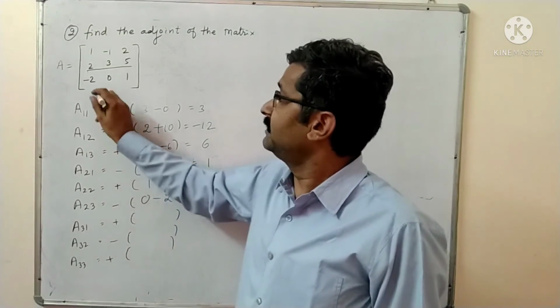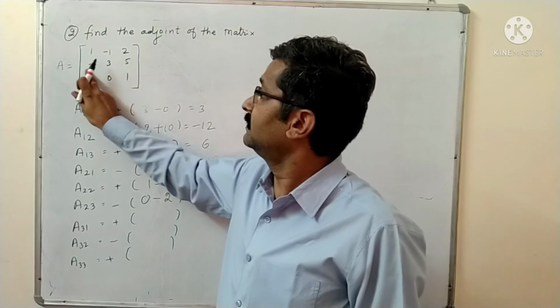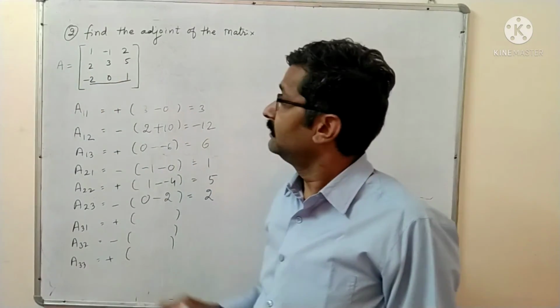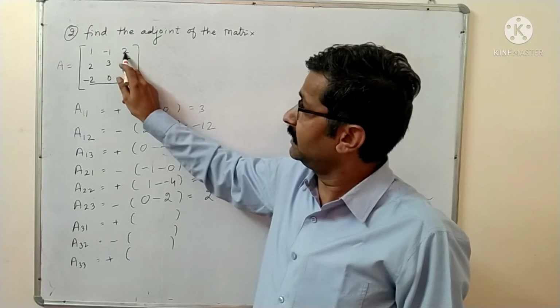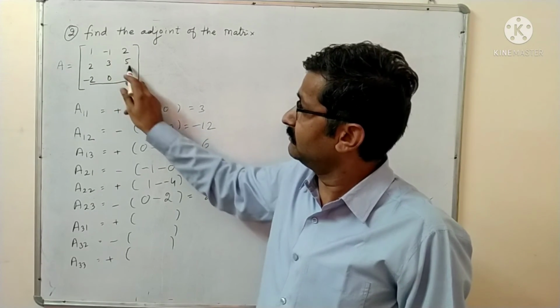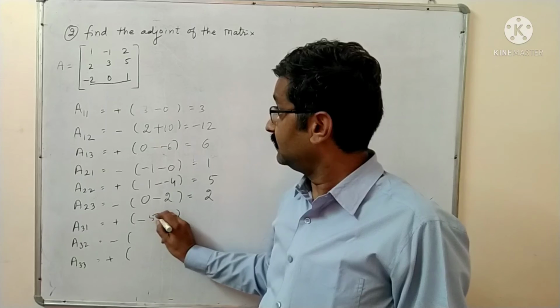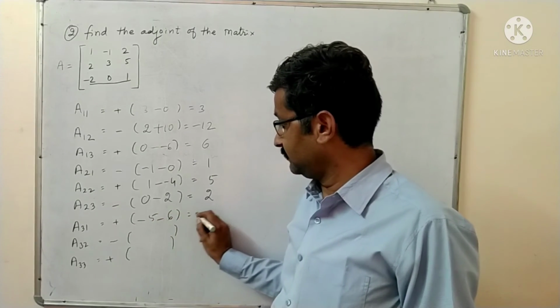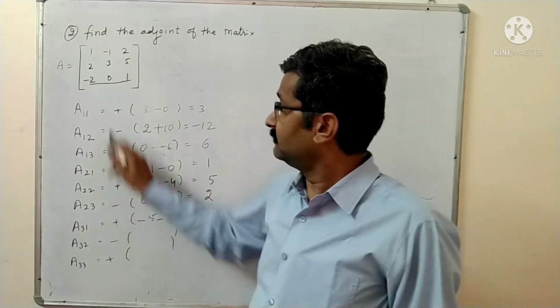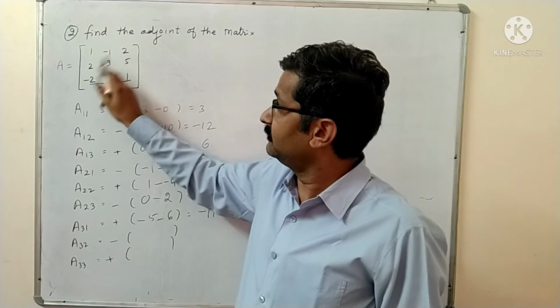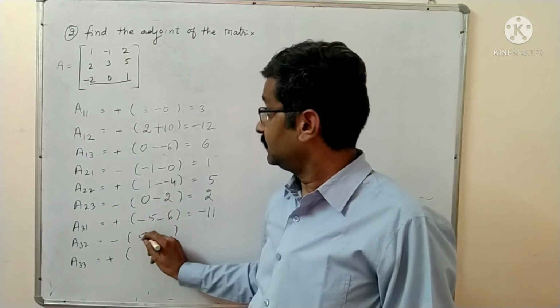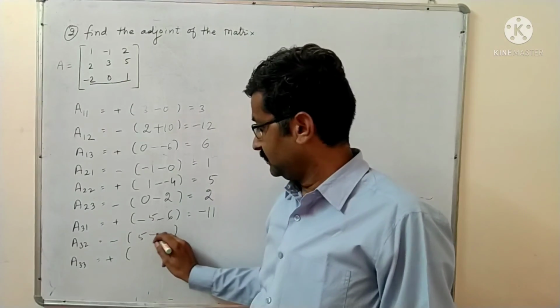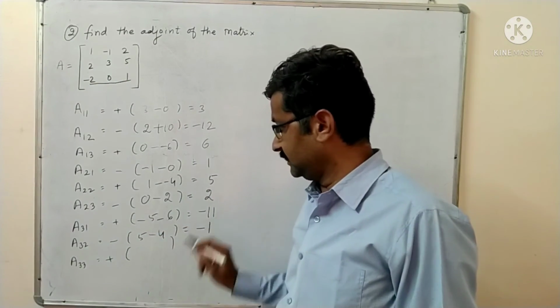Okay, a31 means the third row you will not take, now the first column you will not take, so minus 1 and 2 and 3 and 5, so minus 5 and minus 6, this is minus 11. Now the second column you will not take, 1 2 and 2 and 5, cross product you do 5 and minus 4, so you have this minus 1.